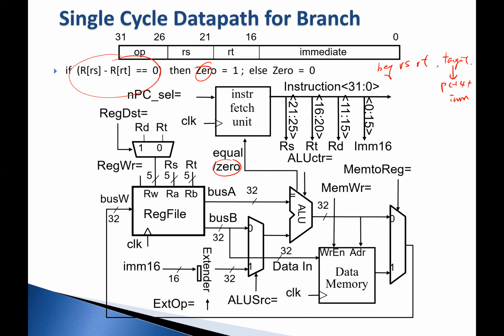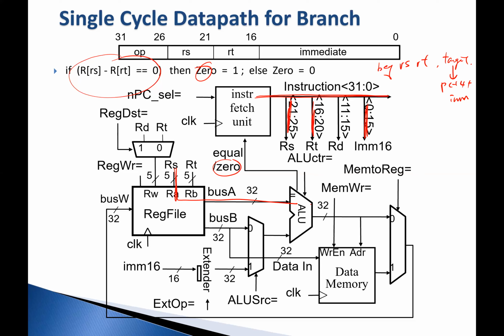So how do we do that? Instruction fetch. Next, since this is I format, I have RS, RT, immediate. I know that I'm going to use RS, right? But do I use the immediate here? Is the immediate used for the calculation of your comparison?